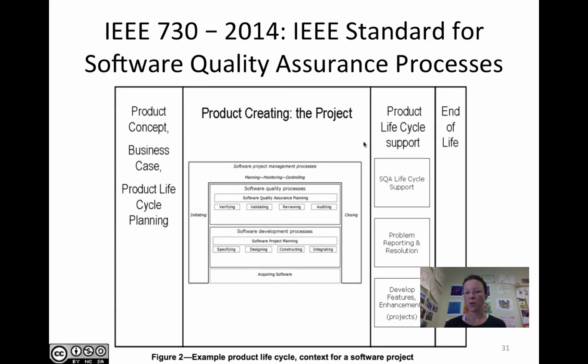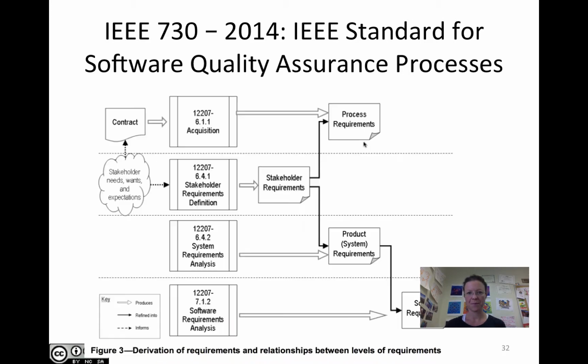When we create the product, we define the project processes along with that, the software quality processes and software development processes, through to the product lifecycle support and the end of life. And last but not least, this is how we derive requirements and relationships between the levels of the requirements.